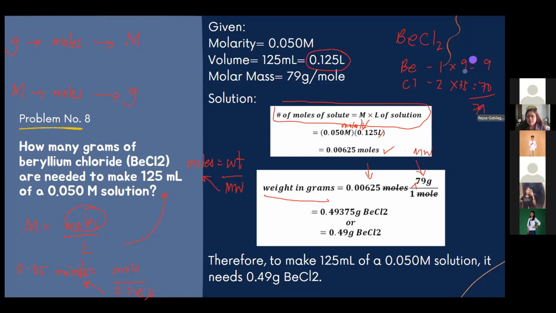So all in all, that's 79 grams per mole. Okay? So i-multiply mo lang yan siya dyan, class. 79 times 0.00625 is 0.49375 grams, or kung 2 decimal places, yes, 0.49 grams. That's how you solve for this kind of problem.